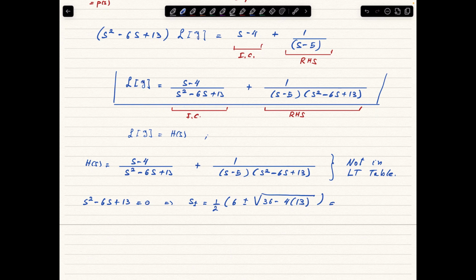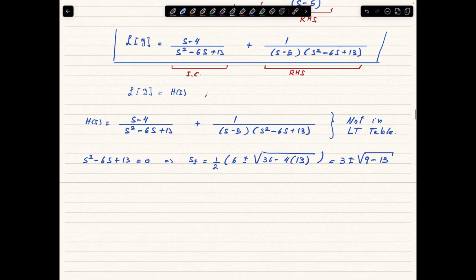So we end up with 3 here, plus minus the square root of 9 minus 13. That is something simple. And then s plus minus, well, we see we are going to have complex roots. 3 plus minus square root of negative 4.